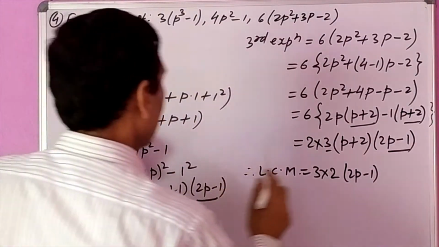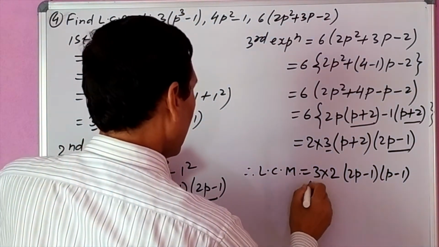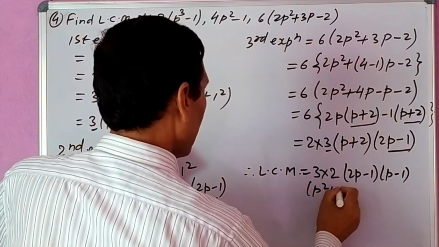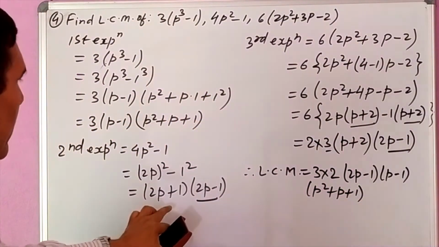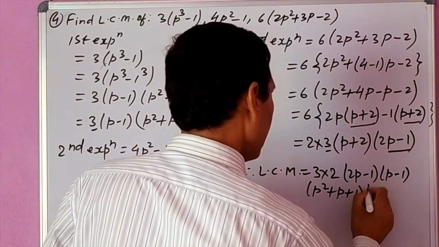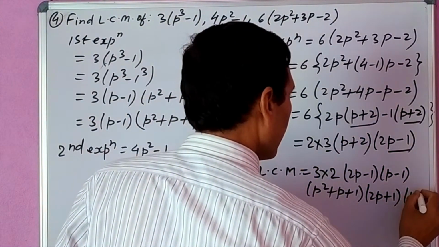So what is remaining here? P minus 1 and this p² plus p plus 1, here 2p plus 1, and here it is p plus 2.